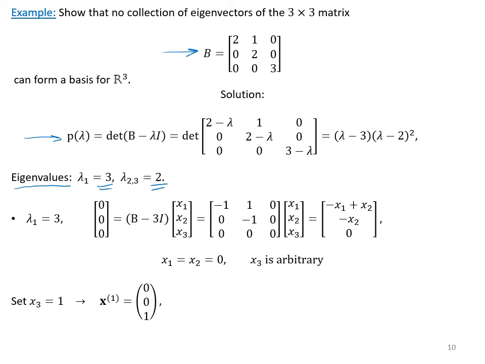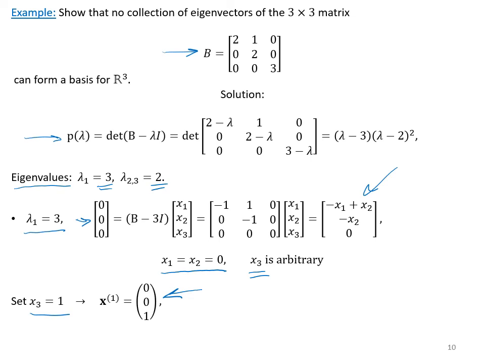So let's consider the first case, lambda 1 equals 3. We construct a similar system of equations as we did in the previous example in order to find eigenvectors, and from this system we immediately see that x1 and x2 equal 0 and x3 is arbitrary. And if we set x3 as 1, we can get the first eigenvector, which is this one.